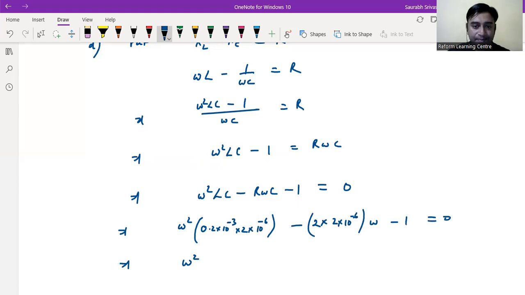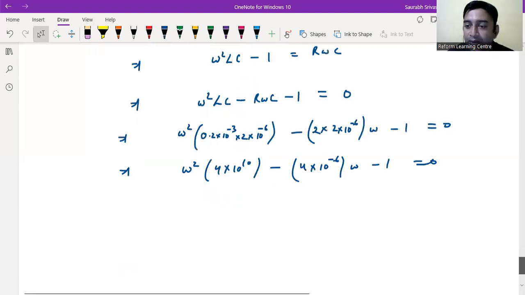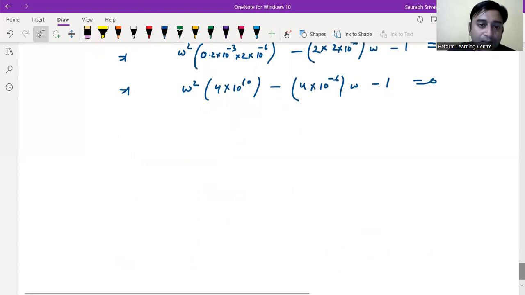Omega square. This is nothing but 4 into 10 to the power minus 10 omega square minus 4 into 10 to the power minus 6 omega minus 1 equal to 0. This is a simple quadratic equation. Use your calculator. While value of omega, दो values आएंगी. एक नेगेटिव आएगा, एक पॉजिटिव आएगा.